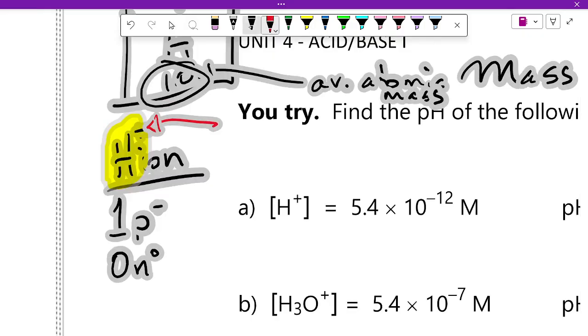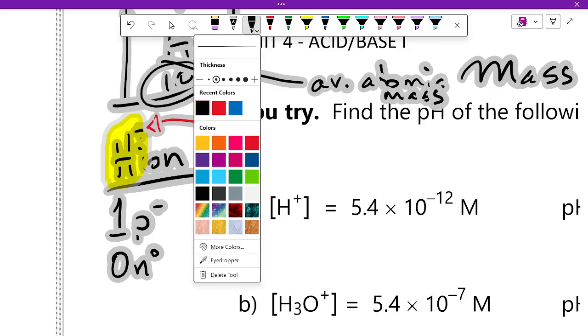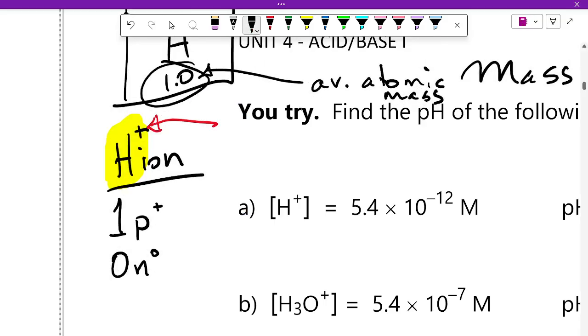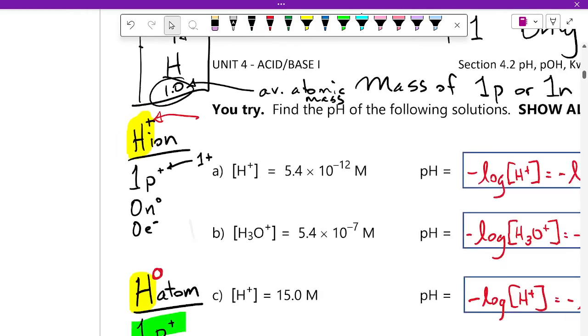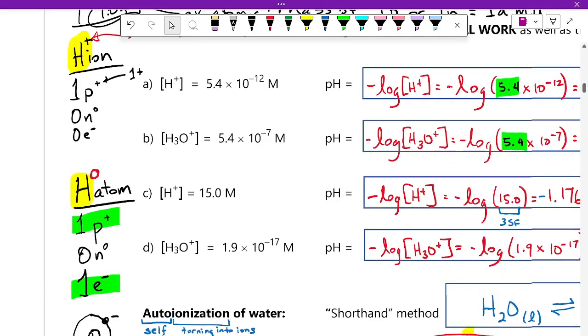How many electrons do we have in that ion? Yes, it is 0. There are 0 electrons, right? Because that gives us a 1+ charge. So what would that look like? Here was our hydrogen atom.